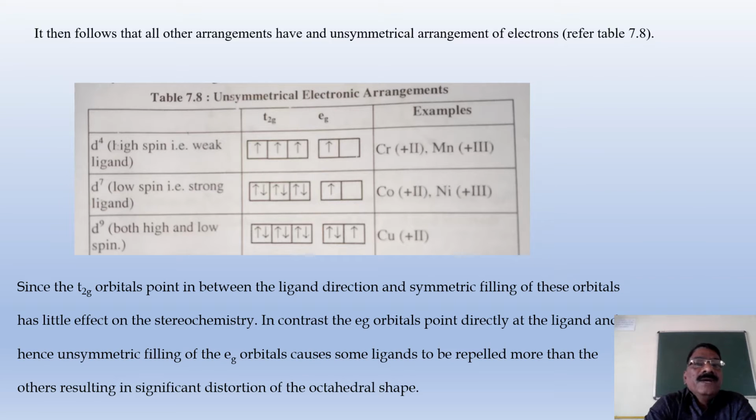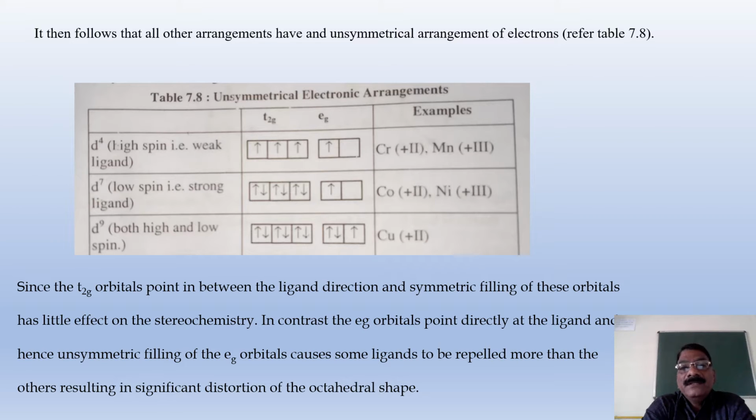See here we have the d4 system in weak field. The t2g has 3 electrons and the eg has 1 electron. Here the t2g orbitals are symmetrically filled, but the eg orbitals are unsymmetrically filled. That means in the eg orbitals, there is a single electron in one orbital and another orbital is empty. This filling of electrons is unsymmetrical.